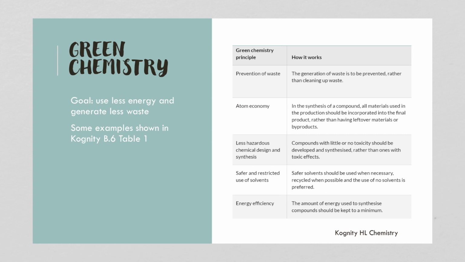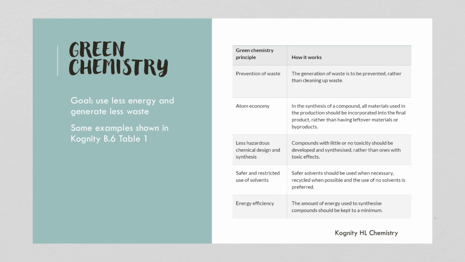So in the synthesis of a compound, you want all the materials used in the production to be incorporated into the final product, rather than having leftover materials or byproducts as waste. Using less hazardous chemical design and synthesis makes sense. If you're using compounds with little or no toxicity, we should use those rather than things that do have toxicity.